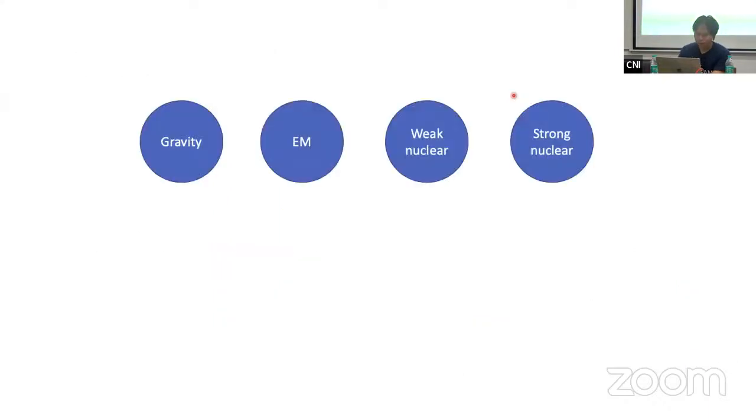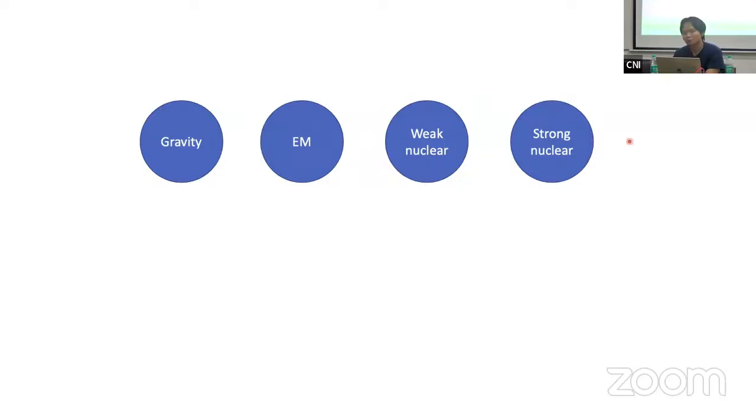Let me zoom out a little bit and look at some of the triumphs of theoretical thinking, which is to a very large degree like the biggest triumph of mathematics in physics. For example, in physics we understand that our universe is formed by four fundamental forces: gravity, electromagnetism, the weak nuclear force and the strong nuclear force.